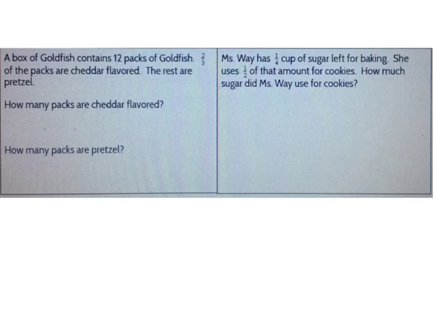A box of goldfish contains 12 packs of goldfish. 2/3 of the packs are cheddar flavored. The rest are pretzel. How many packs are cheddar flavored? Well, that means we need to find 2/3 of 12, or 2/3 times 12. What's 2/3 times 12 when written as an improper fraction?